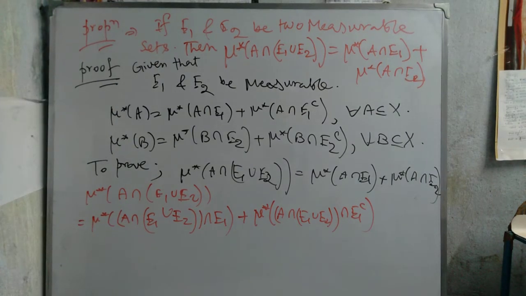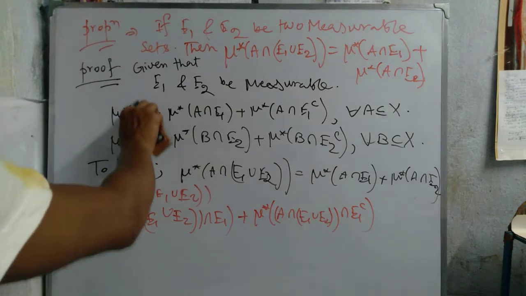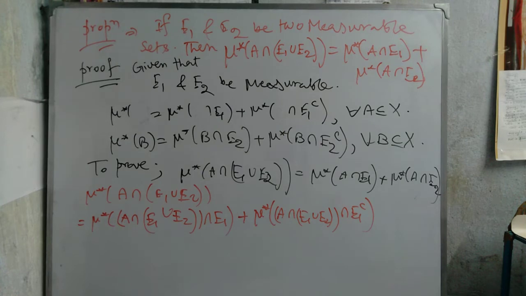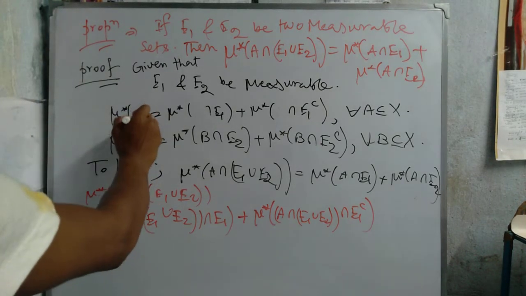Is this possible or not? Obviously possible. Here we write A; if you write C, not a problem at all. If we write A here, then you also change this one accordingly. Anything else you can write here.